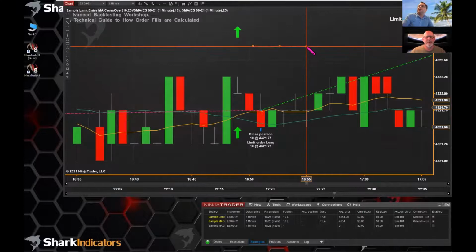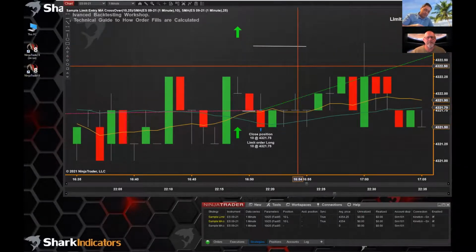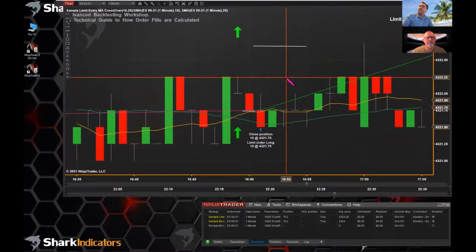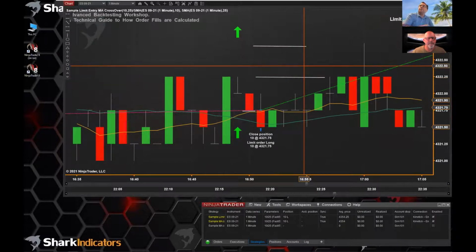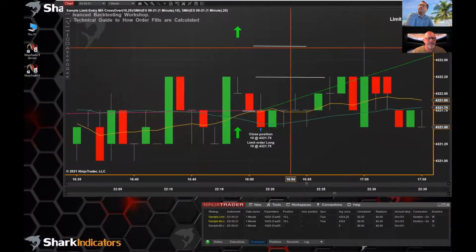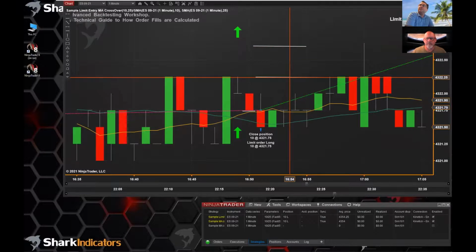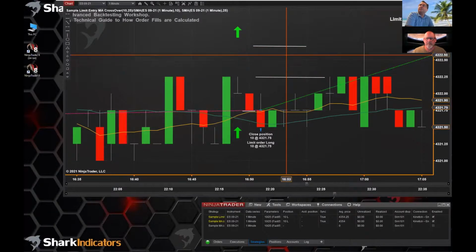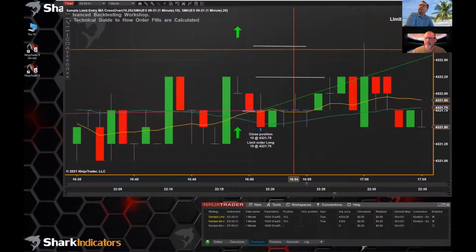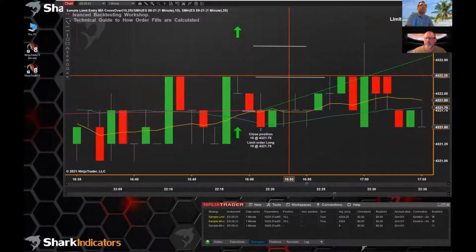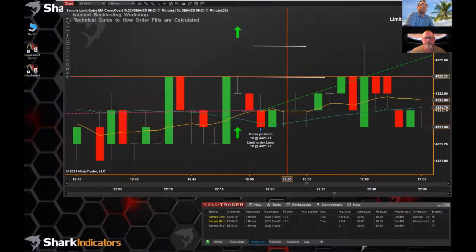Let's say that's our entry price, and then a stop loss is going to go in down here. Your risk is the difference from your entry price to your stop loss, and that can be calculated historically. Once you know what your risk is, you can easily calculate the position size, so Blackbird can do that historically.